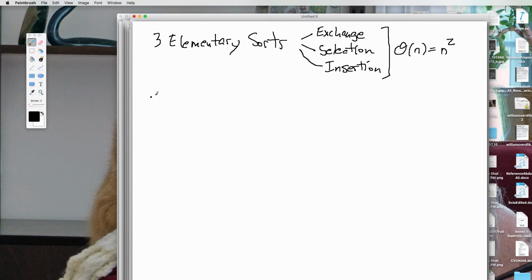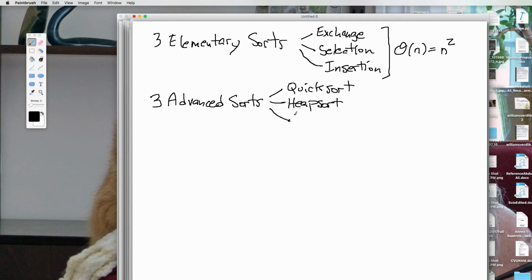So we're going to be looking at the three advanced sorts: quicksort, heap sort, and MergeSort.